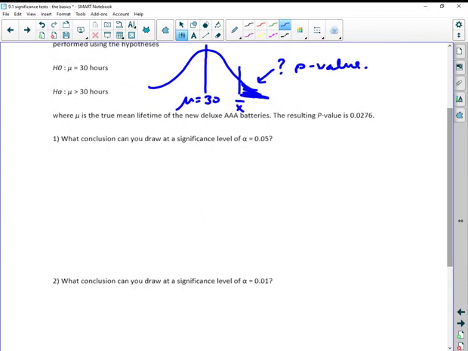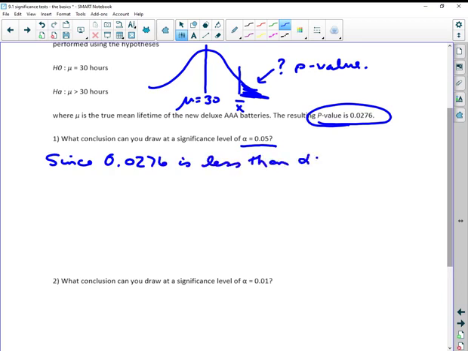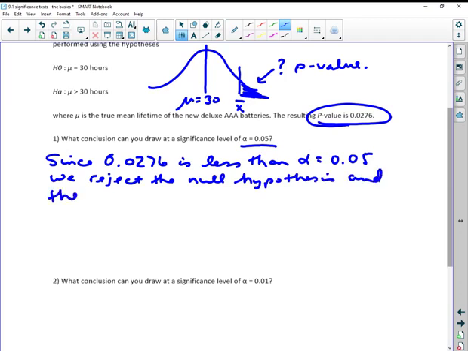If our p-value is 0.0276 at the 0.05 level, since 0.0276 is less than alpha equals 0.05, we reject the null hypothesis and there is significant evidence that the batteries last longer.